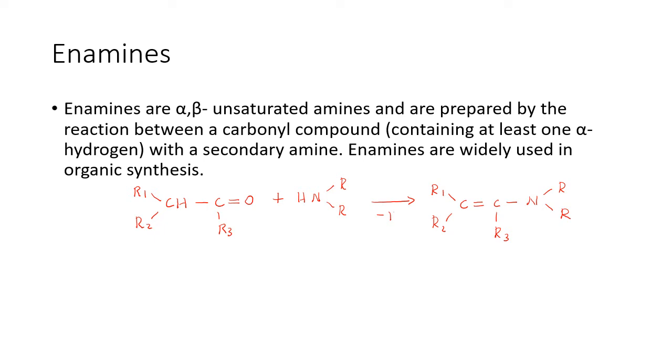So it's a condensation product between a secondary amine and a carbonyl compound having at least one alpha hydrogen. And here R can be an alkyl, aryl, or even hydrogen.